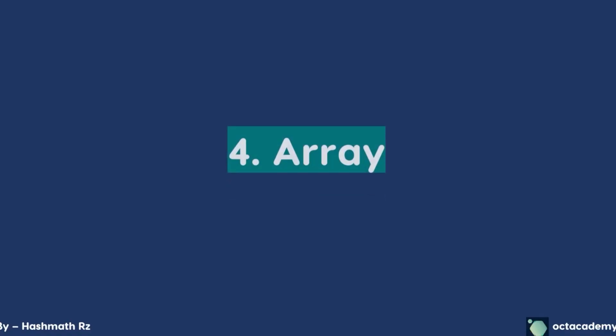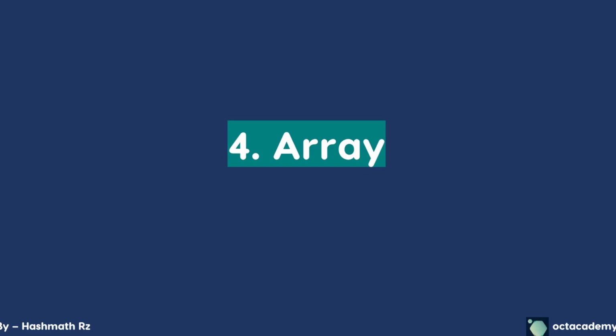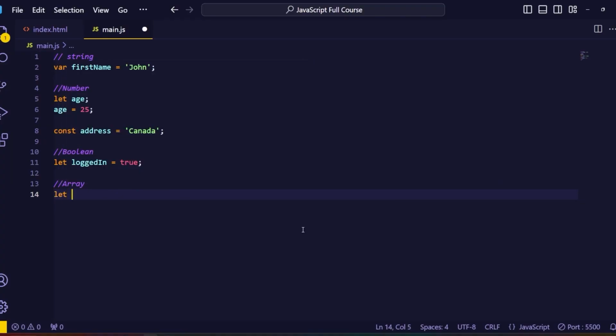The next variable type is the array data type. An array is a list of items and they can contain any combination of data types. So let's see an example for this. Nothing much, just simply declare a variable, the keyword let, and the variable name, something like fruits, and assign. As you know, an array is a list of values.